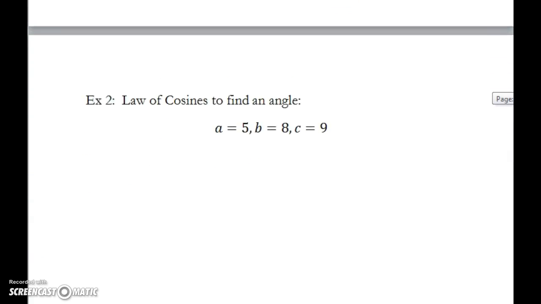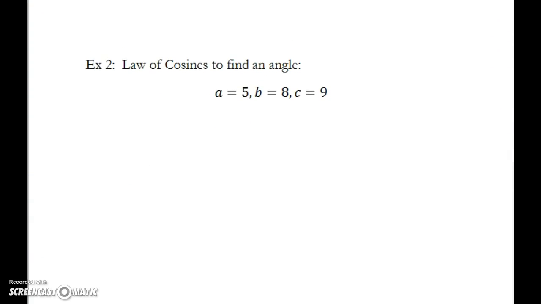Let's take a look at example 2 here, using law of cosines to find an angle. So in this particular case, we have triangle ABC. Side A is 5, side B is 8, side C is 9. And it's always best to find our largest angle first.